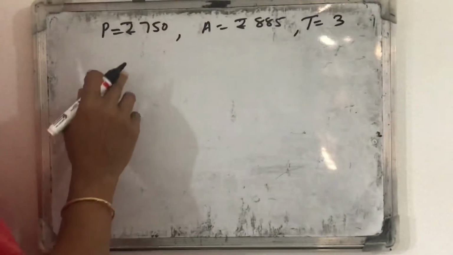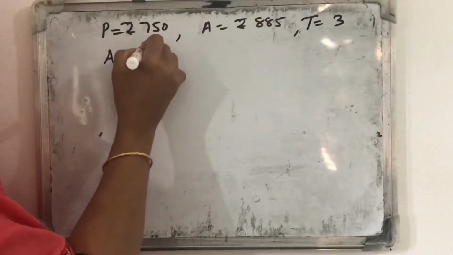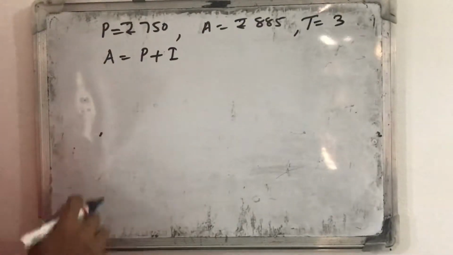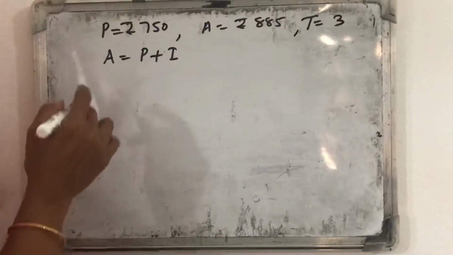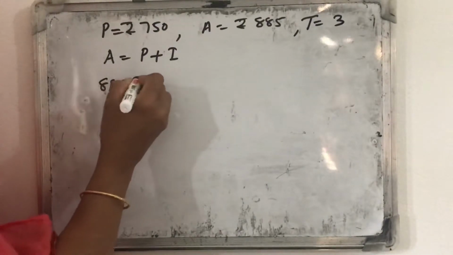Okay, so we know what the amount is. A is equal to P plus I. That is, when we add the interest to the principal, we will get the amount. Okay, that means the amount is given here, 885.